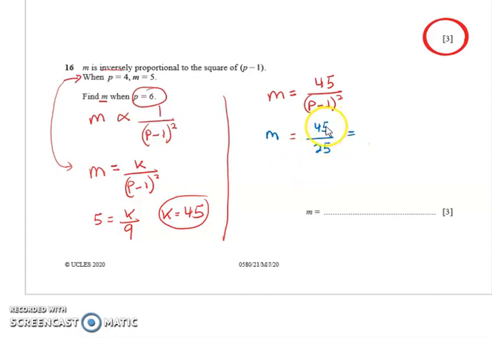We simplify this, divided by 5, you get 9 over 5, and your answer here can be 1.8. That is your answer for number 16, and you got 3 marks. Next we are moving to question number 17.